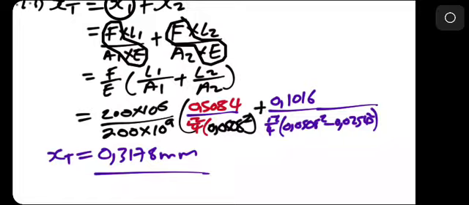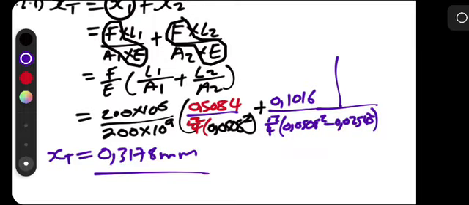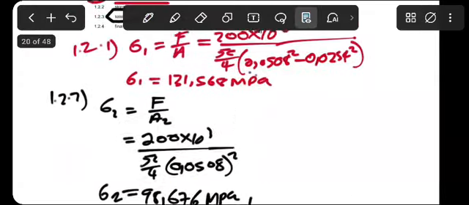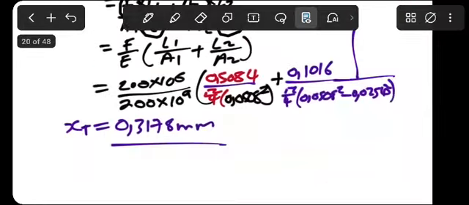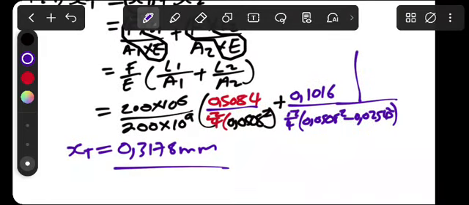What do we have there? May I quickly double check? We have 200 times 10 to the power of, sorry, you see there, the force is in kilonewtons, so you see my mistake here, it must be 3.